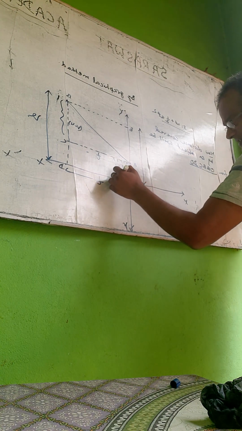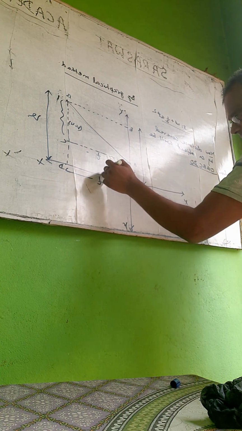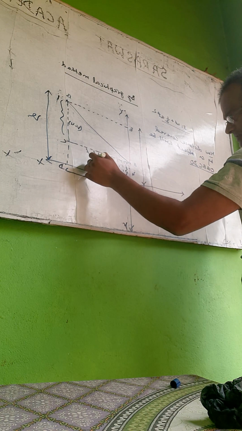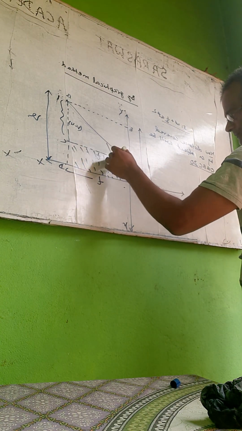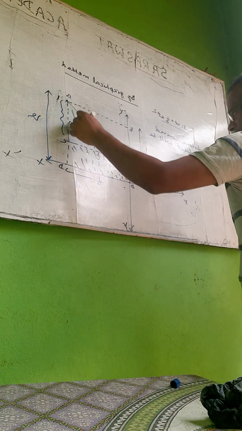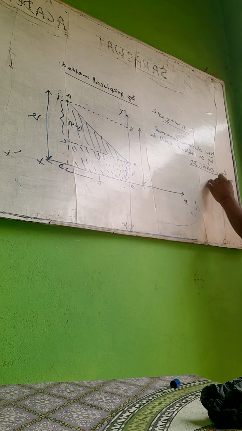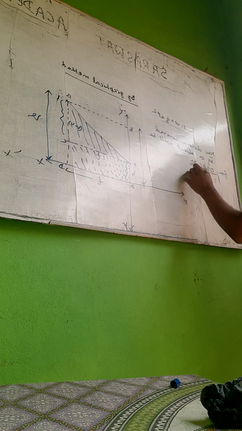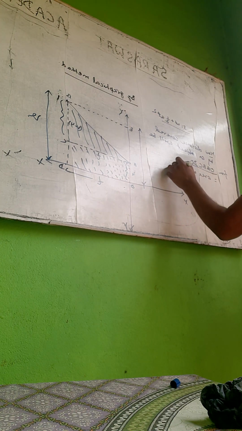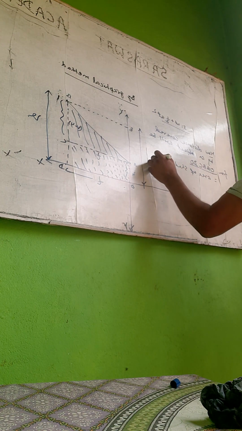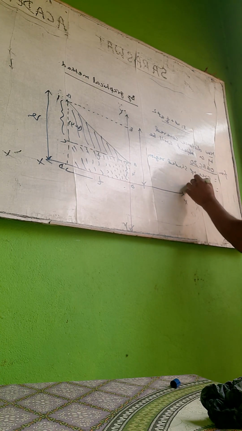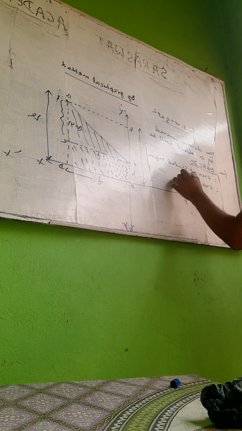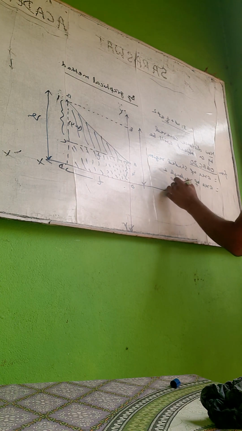This is equal to the area of the shaded region, and this region will be the area of a rectangle plus the area of a triangle.